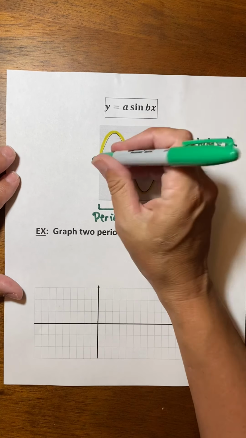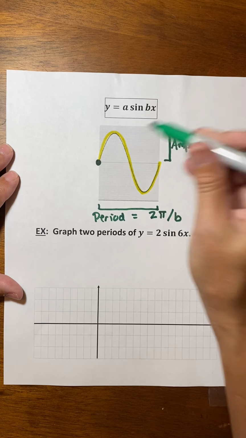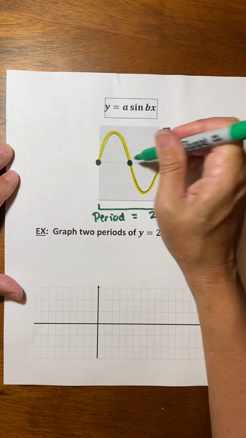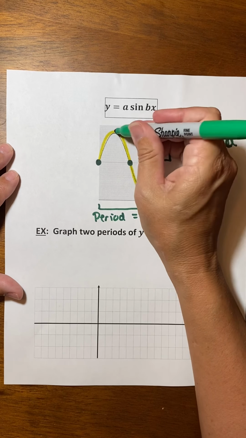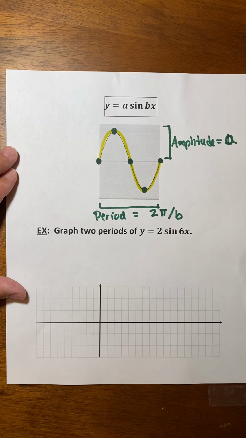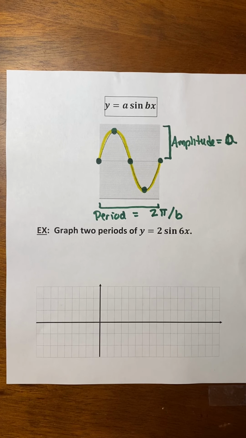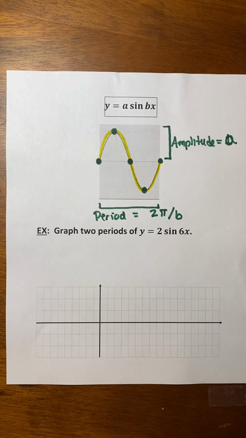So we have 5 major points of interest when we're plotting the sine curve. I always start with where it starts, where it crosses, and where it ends, and then its high point and its low point. If you can locate those 5 points, you can very easily graph the sine functions. So I say graph 2 periods of y equals 2 sine of 6x.